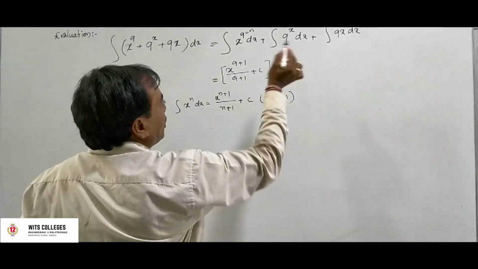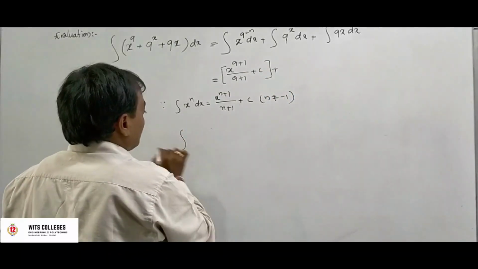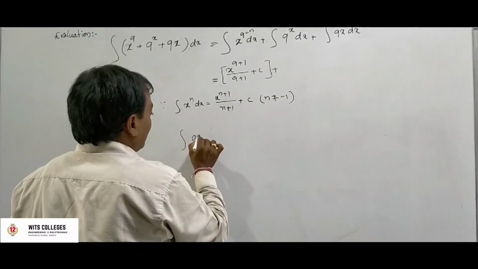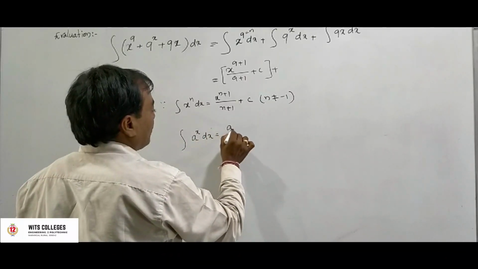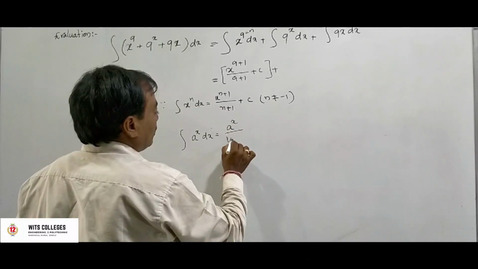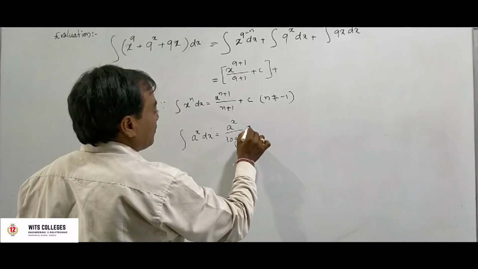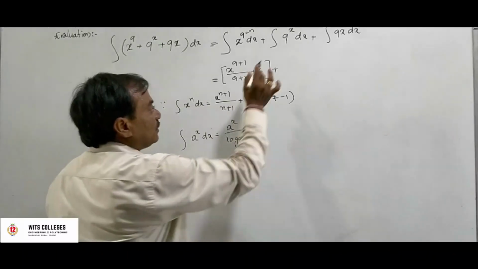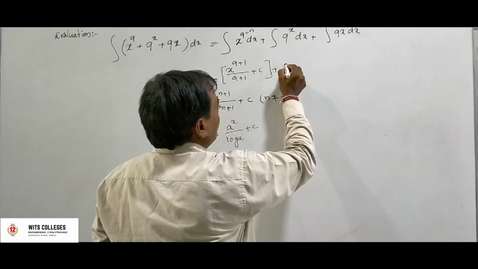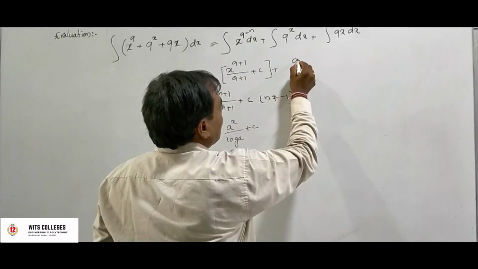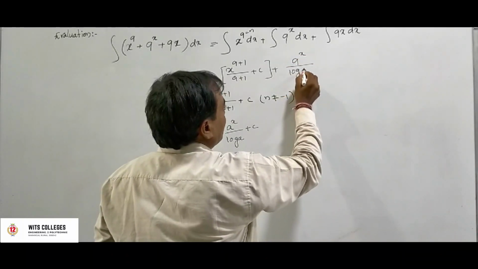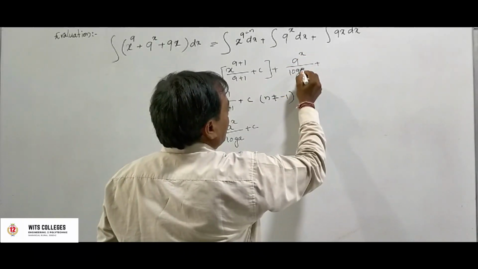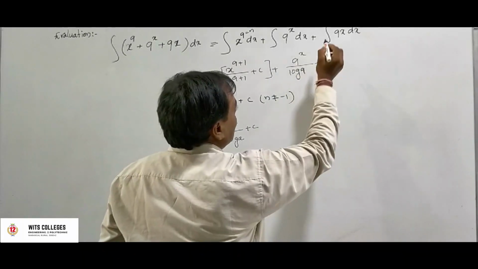Now coming to the second integral. Integral a power x dx equals a to the power of x by log a plus c. So this integral becomes 9 power x by log 9 plus c.